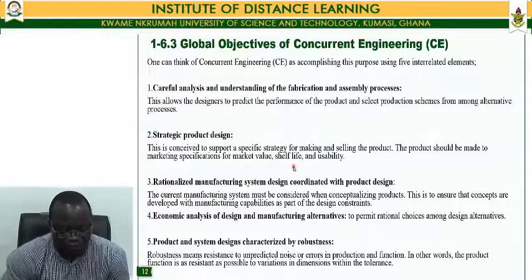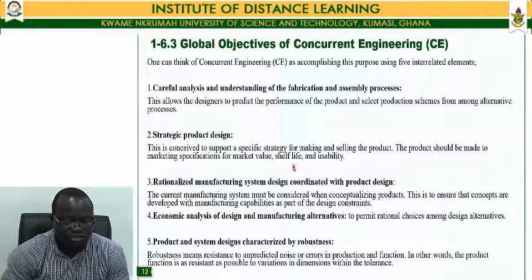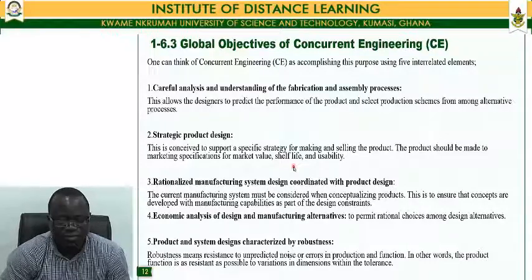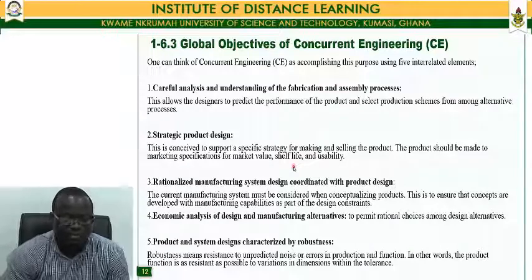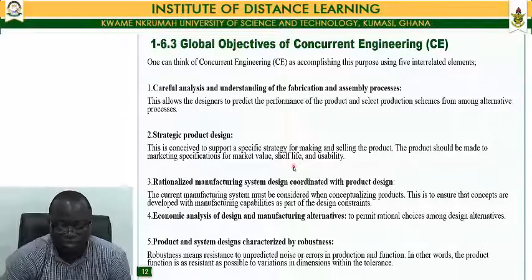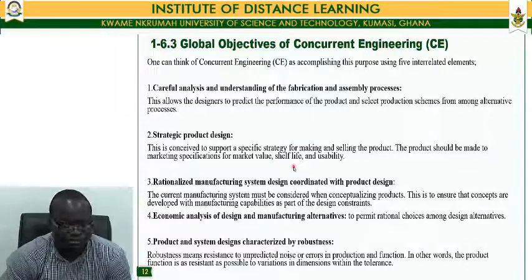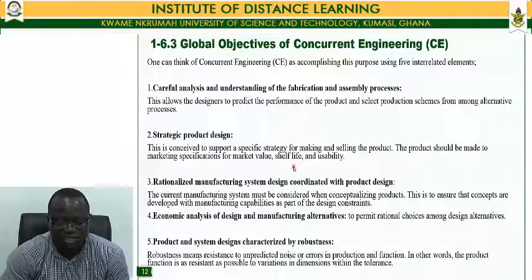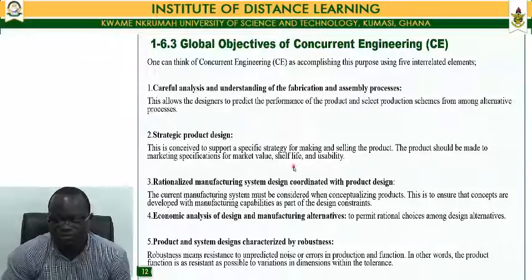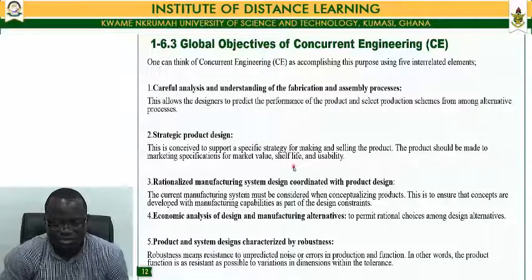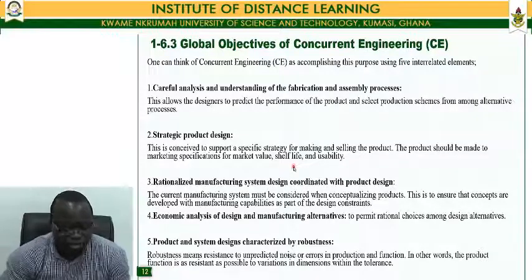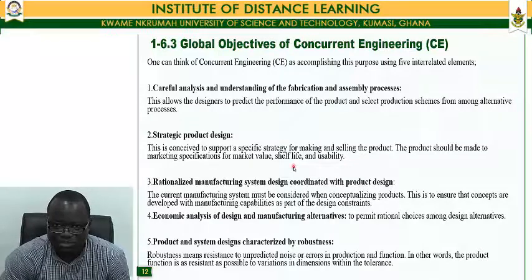Now, of course, the third objective will be a rationalized manufacturing system design, which is coordinated with product design. And again, the economic analysis, that's for the rationalized manufacturing system. Of course, you will have to look at the manufacturing capabilities.